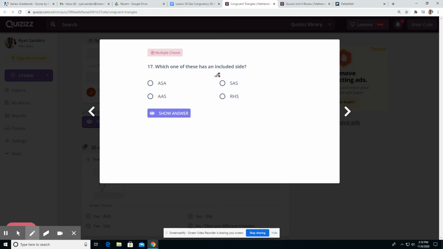Which of these has an included side? An included side? Does that mean the side is in between two angles? Does that mean it's between? Gee, that's between two angles.